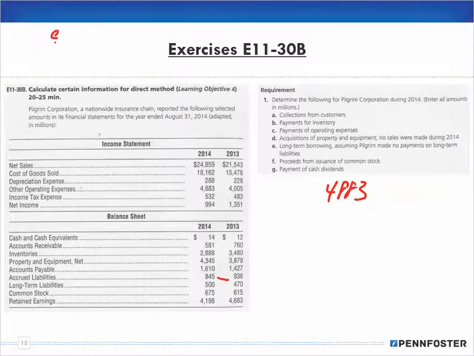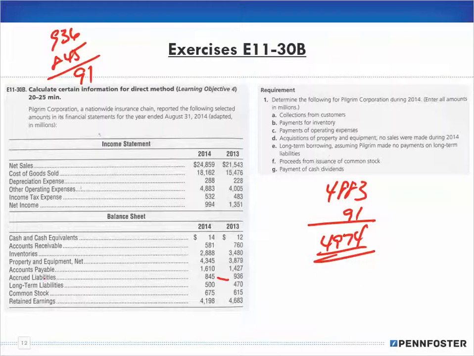So I have 936 less 845, right? That gives me a decrease of 91. So I add that 91 back in, and that means my payments of operating expenses are 4,974,000.